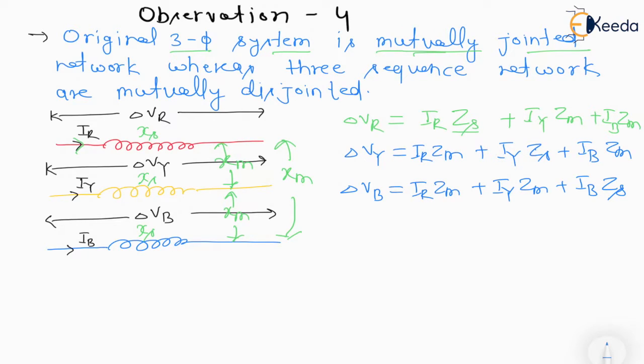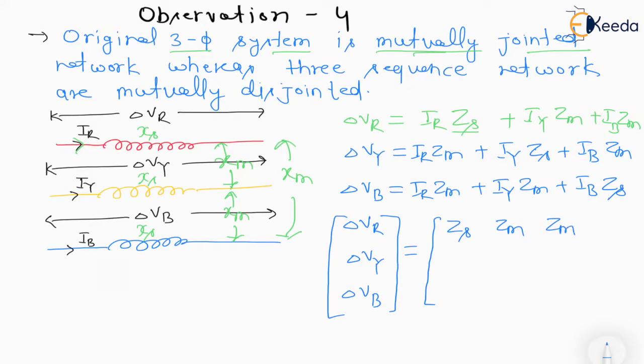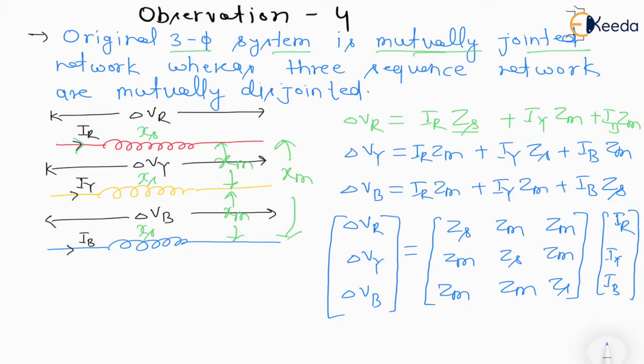So we can write this in terms of a matrix: delta Vr, delta Vy, delta Vb is equal to the matrix Zs, Zm, Zm; Zm, Zs, Zm; Zm, Zm, Zs, times IR, Iy and Ib.